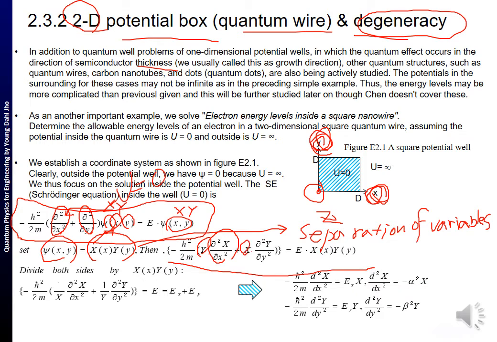X is separated, we go through the partial squared Y, partial y squared, and then we divide both sides by X times Y. Then we can see that this one cancels with this one, and this one cancels, and we only have energy E remaining.